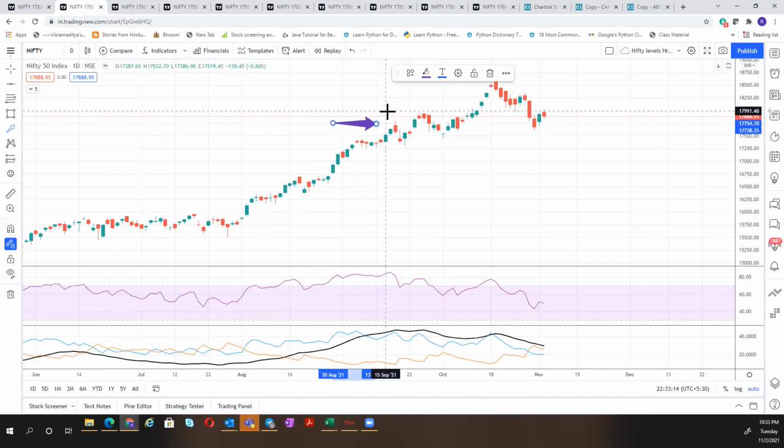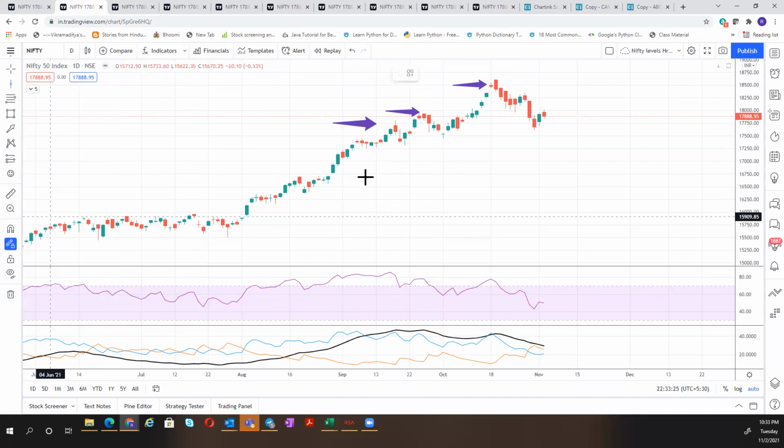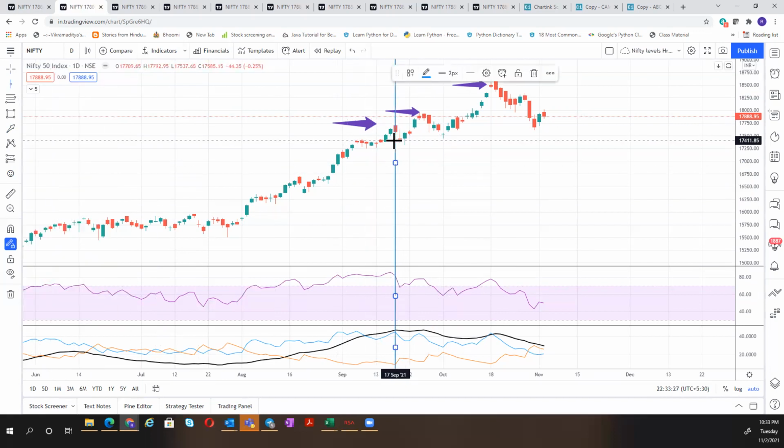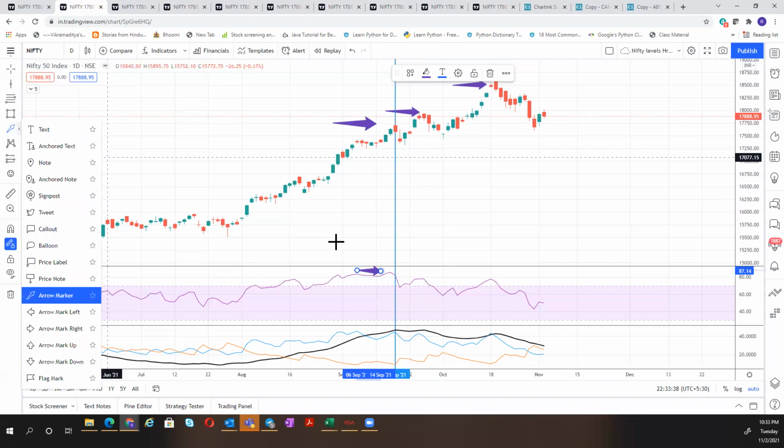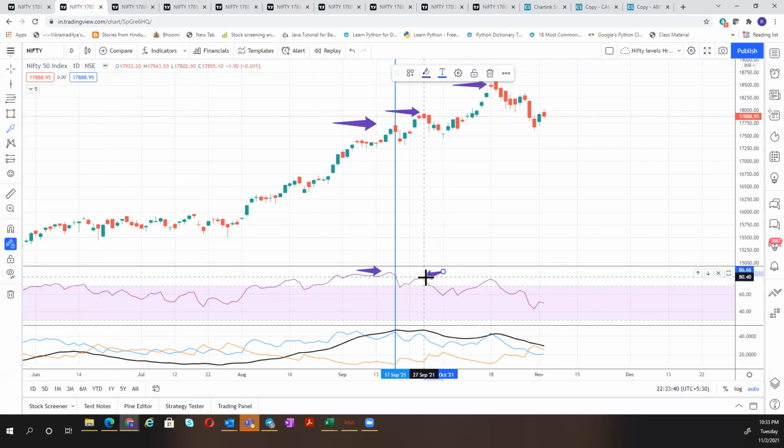Higher high, one more higher high, higher high. Agree? So in this area, for your understanding, let me mark, this is the first peak, right? This is the peak. Now in this peak, RSI is also forming a peak. In this peak, RSI is down.